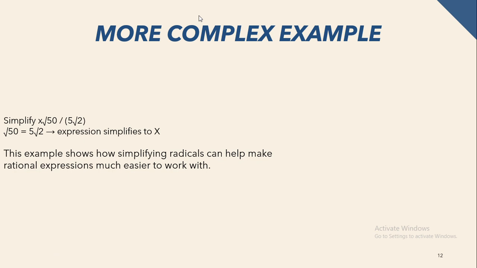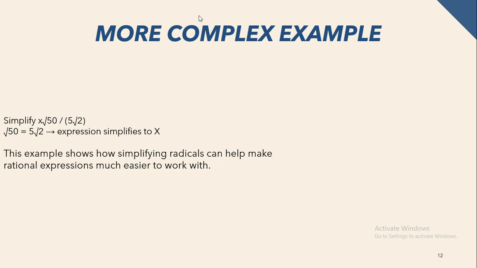Now let's hop on to a more complex example. In this example, we want to simplify x root 50 divided by 5 root 2. First, we simplify square root 50. 50 is 25 times 2, so square root 50 equals 5 square root 2.